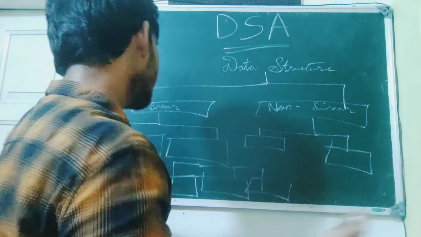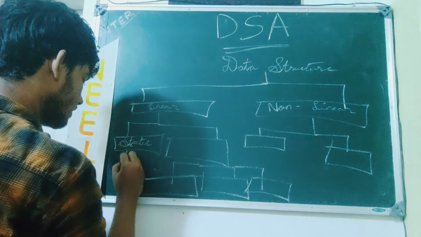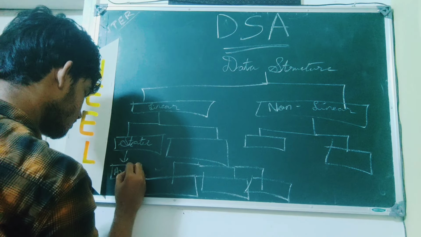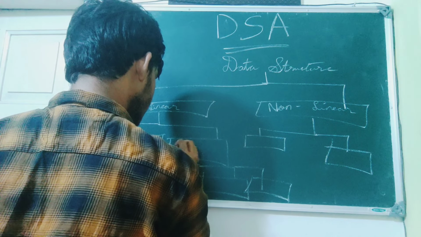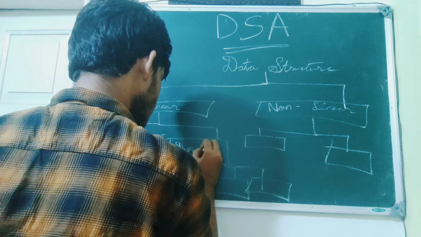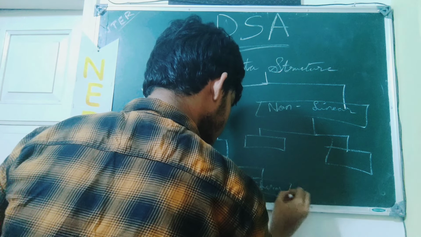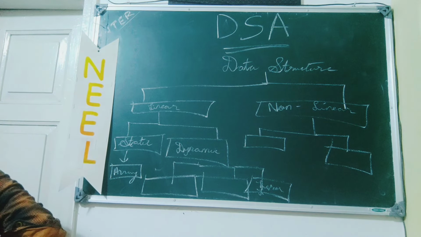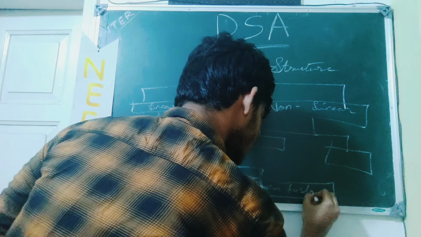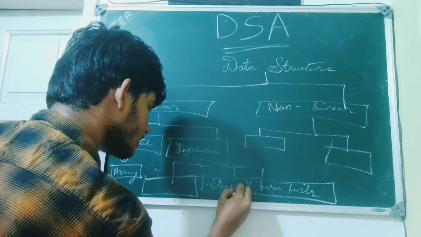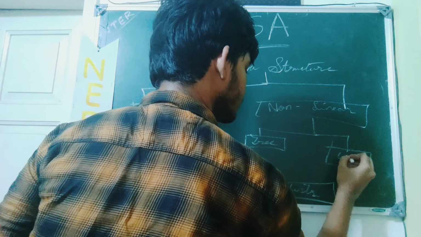So yeah, it is divided into linear and non-linear, and in linear you have static, which leads to array. You have linked, dynamic. Dynamic is divided into linked lists, stack, queue, and non-linear is divided into tree and graph.